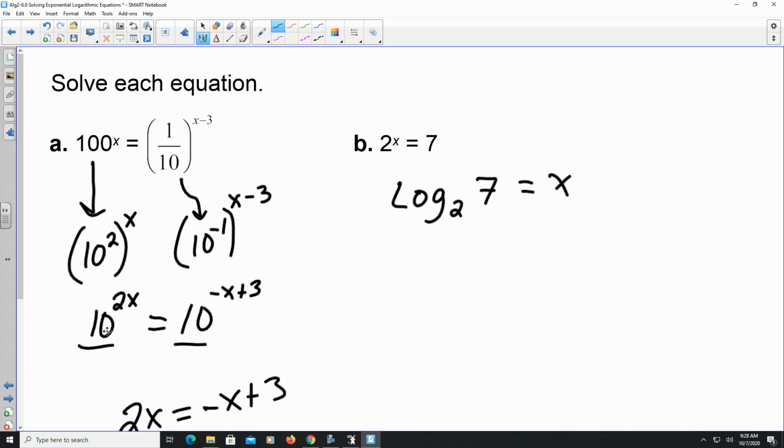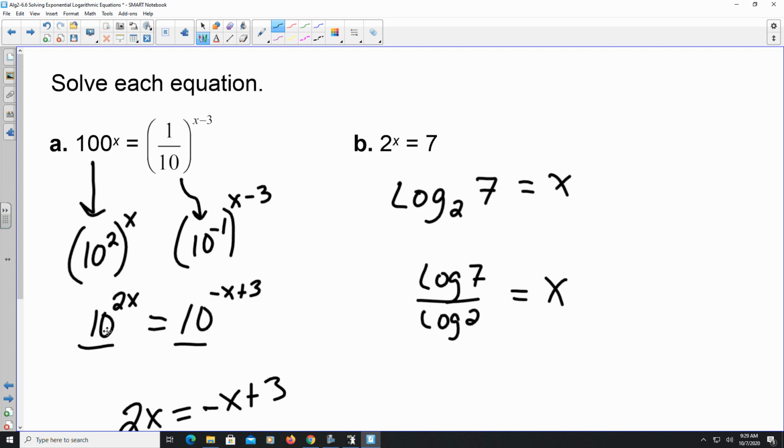What I have here is this 7 and 2. If you recall from the previous lesson in 6.5, we had the change of base formula. So on the left-hand side I'm going to use the change of base formula. It says I'm just going to make this log of 7 divided by the log of 2, making my base 10, and this will then be equal to x.